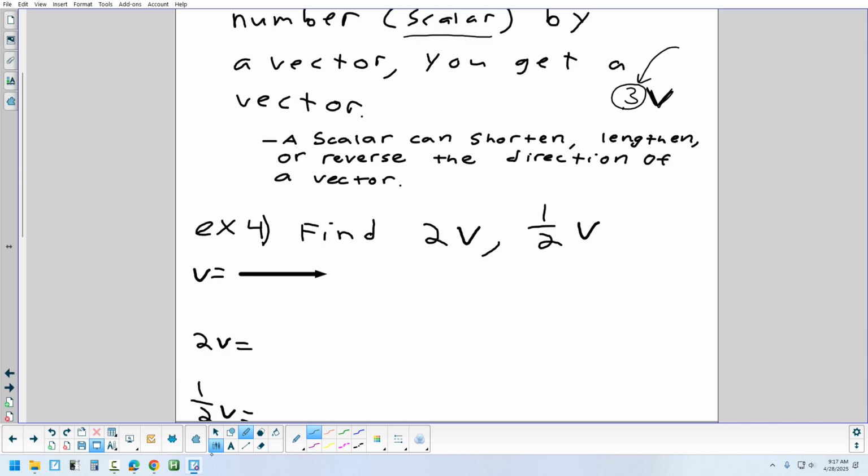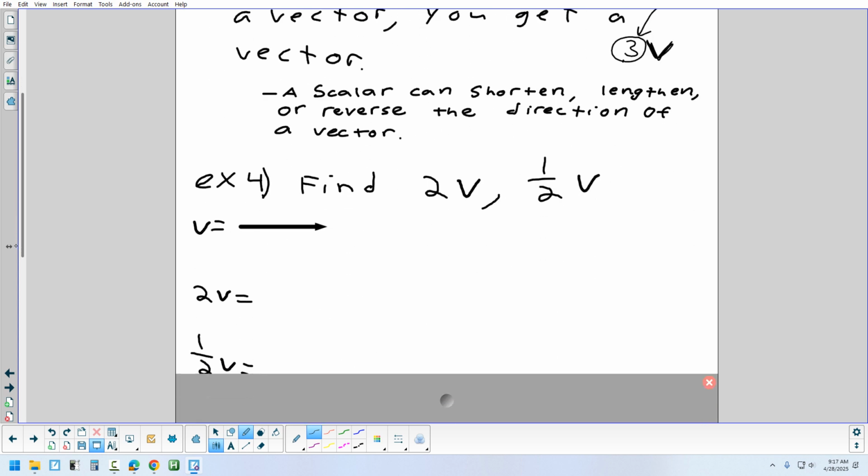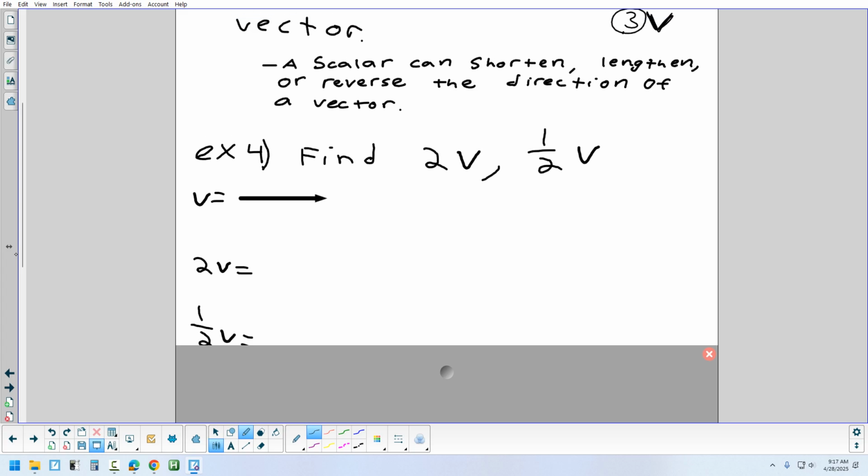Okay, so let's take a vector and practice drawing a couple of scalar products. That's what this is called, scalar product. I've got v. How could I find 2v on the board?